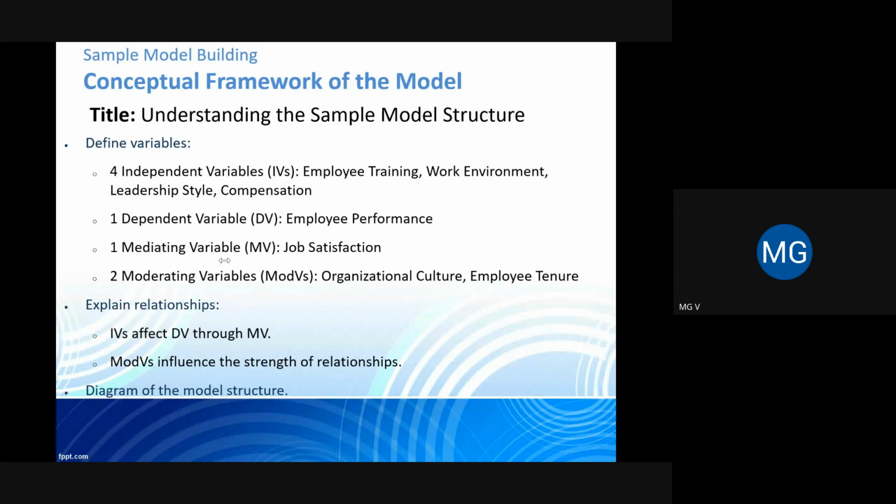Additionally, 2 moderating variables, that is organizational culture and employee tenure, modify the relationships between IVs and the MV or DV. So, the diagram can visually represent these relationships, showing direct, indirect, and moderated effects. Understanding this framework is critical before applying statistical techniques, and then we can define and operationalize these variables.